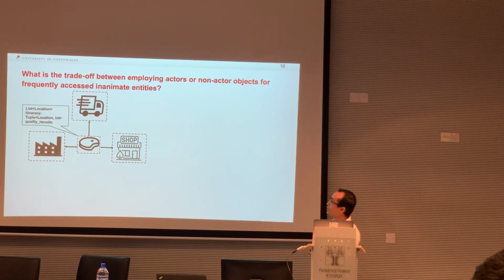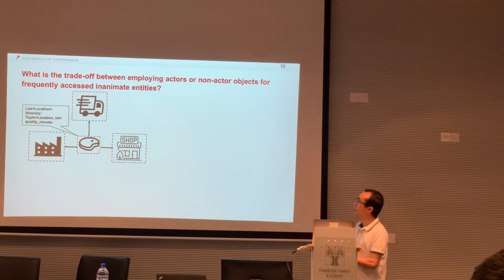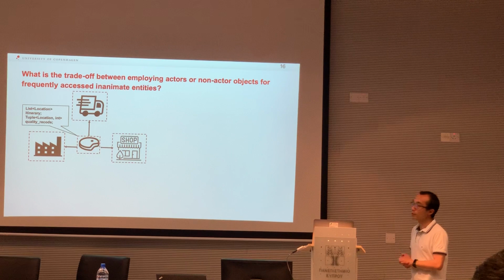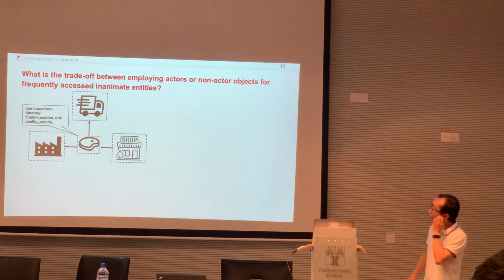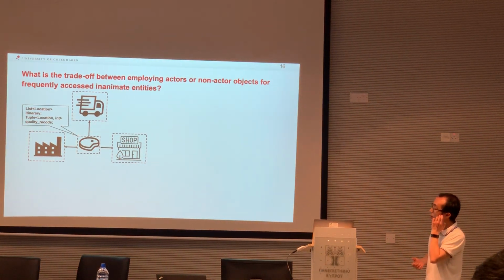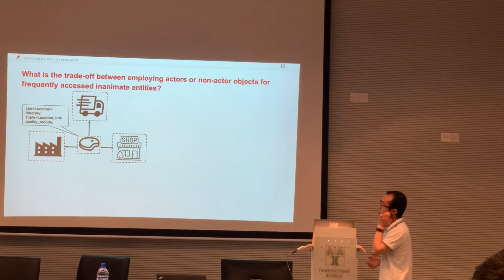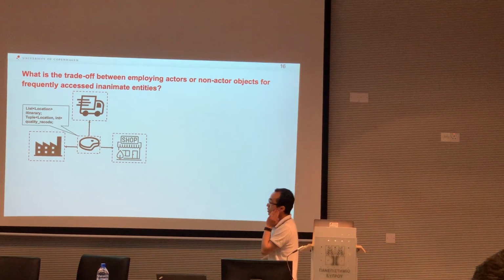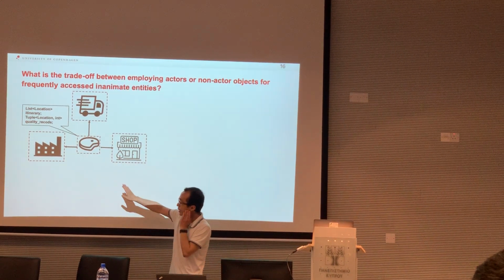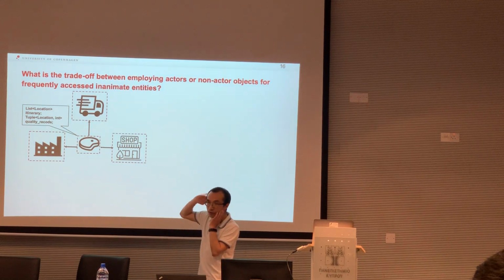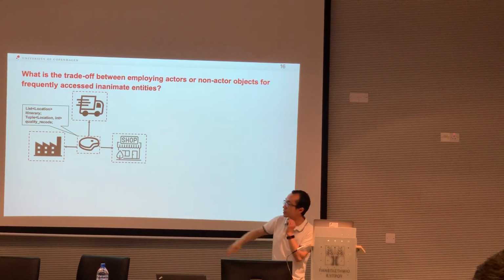The third question that we look into is what the trade-off is between employing actors or non-actor objects. Some of the data we can model as actors, like for example the meat cuts, which in the first model we modeled as an actor.